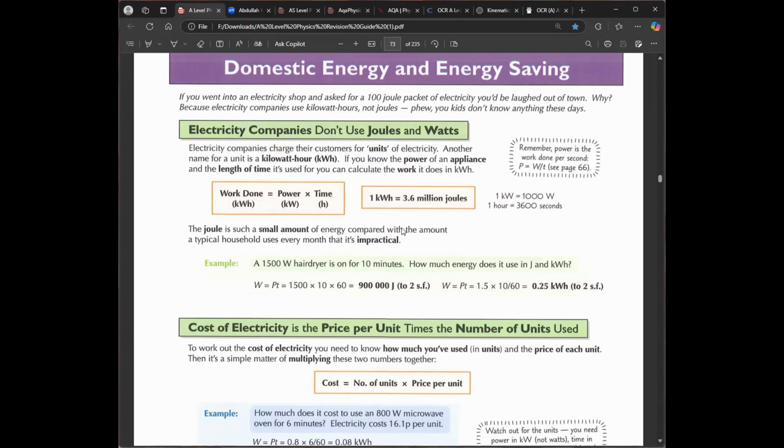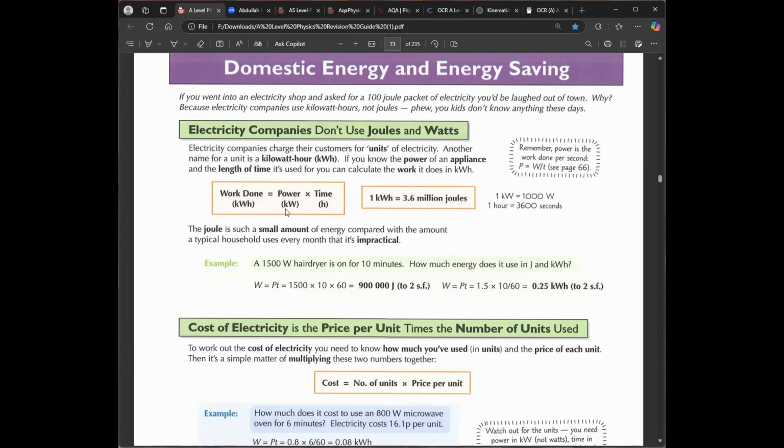and in household we use more than that because a refrigerator is rated at I think 300 to 400 watts. If you use an electric heater, it's around 1000 watts, or 1000 to 2000 watts for the small one. So a better unit to use would be kilowatt, for the sake of not having a very big number when we are talking about domestic energy.